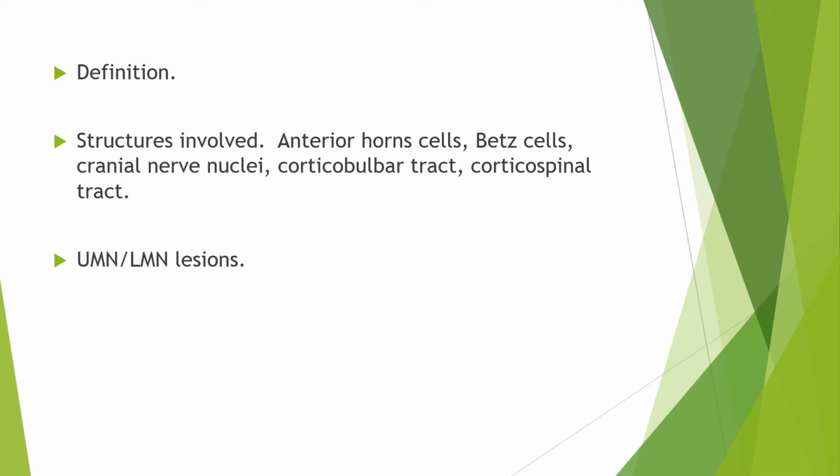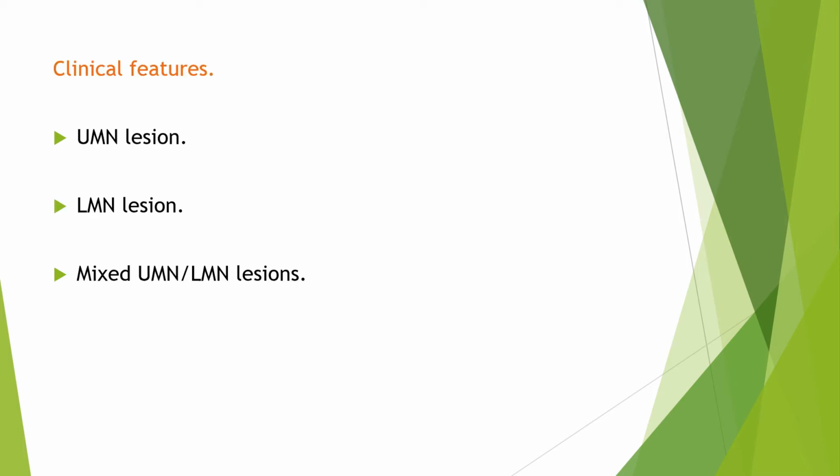So basically, in motor neuron disease, we will observe upper motor neuron features, or lower motor neuron features, or a combination of upper motor neuron and lower motor neuron features in the peripheral limbs. So clinical features would be either only upper motor neuron type, or only lower motor neuron type, or there may be mixed upper motor neuron and lower motor neuron features.